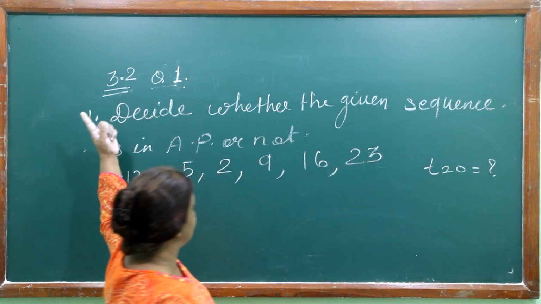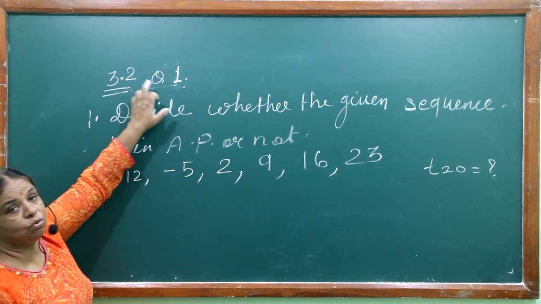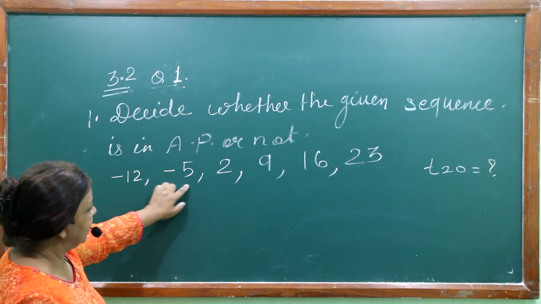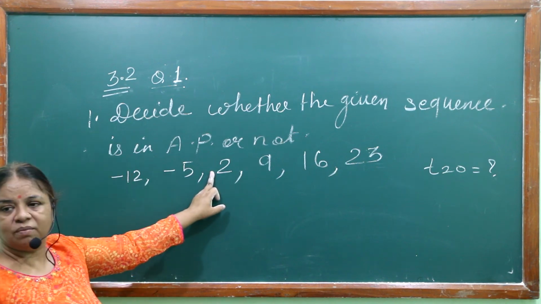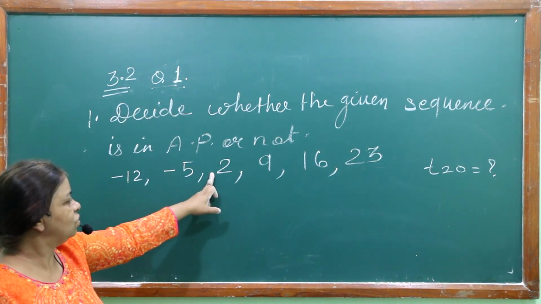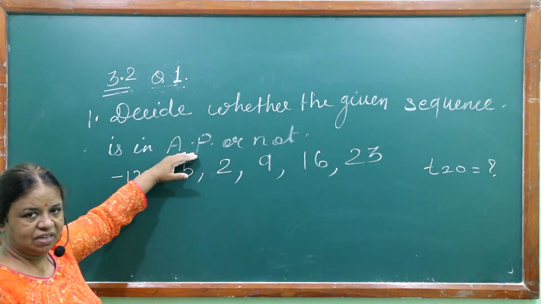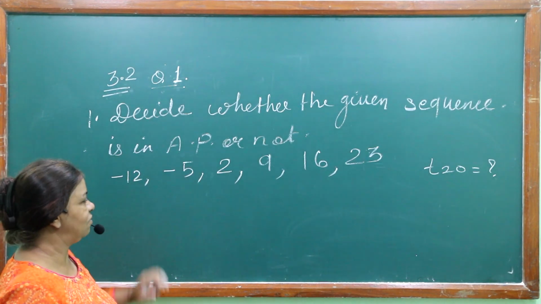When I was explaining 3.2 question number 1, instead of writing plus, I wrote minus, so it couldn't be proved as an AP. So we concluded it is not in AP, but now here it will be different.